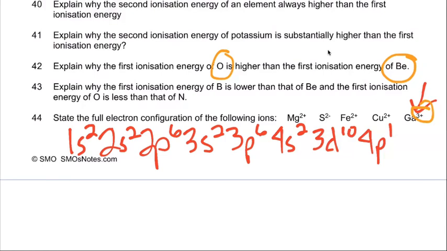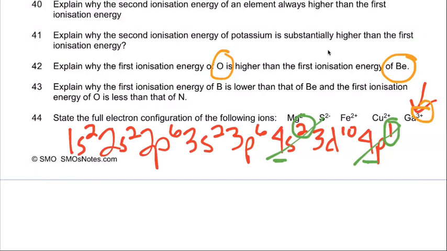The highest energy level here is the 4th energy level. You've got the s sublevel and p sublevel, but they're both in the 4th energy level, and there are 2 here and 1 here. So those are the 3 that it's going to lose.